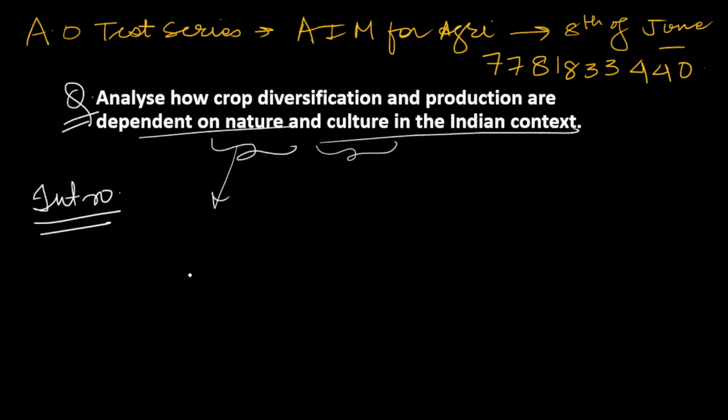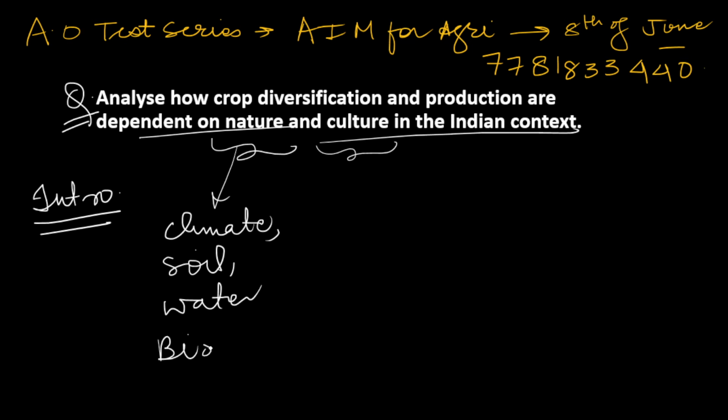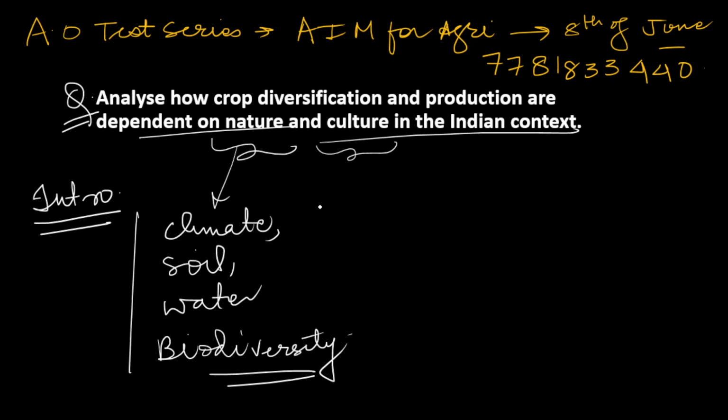It could be climate, it could be soil, it could be water, it could be biodiversity. So these are all coming from nature, that is natural parts, which are required for crop production and diversification, or you can say crop diversification and production. So this is the first aspect.